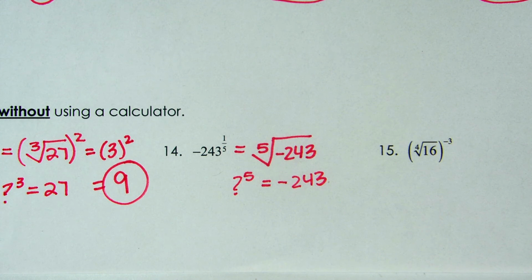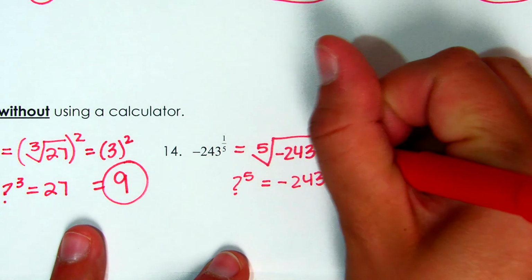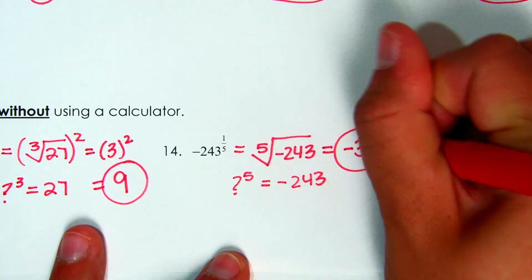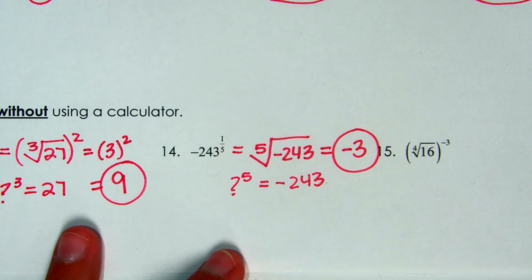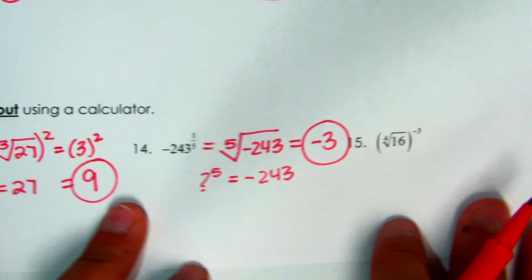Negative 3 times negative 3 is 9. 9 times negative 3 is negative 27. Negative 27 times negative 3 is 81. Negative 81 times 3 is 243. So negative 3 five times is negative 243.